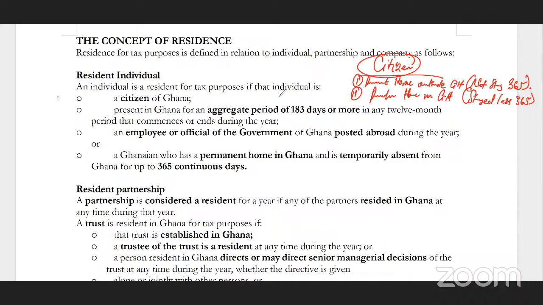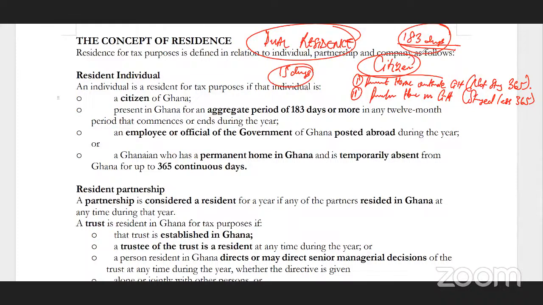And this creates something we call dual resident, right? Now, dual resident is a case where two states are considering you to be resident, okay? Usually the thumb rule is 183 days or 182 days in another country. So let's say you stayed in UK for 183 days or more during the year, and you came to stay only 15 days in Ghana as a Ghanaian, right? Ghana will say you are resident.